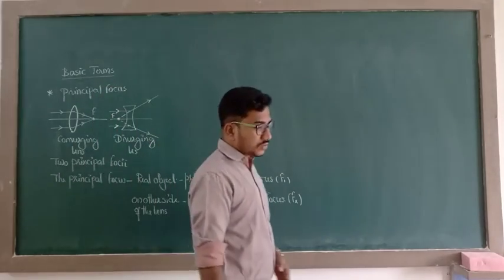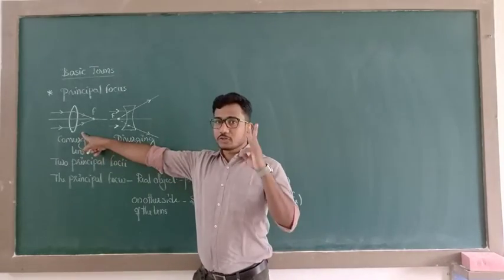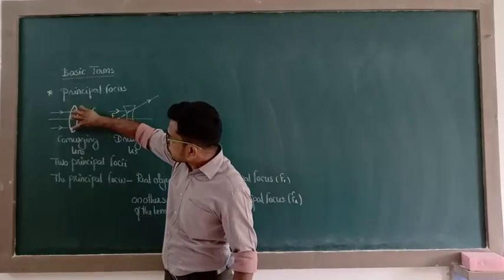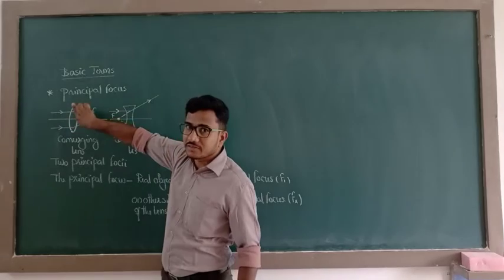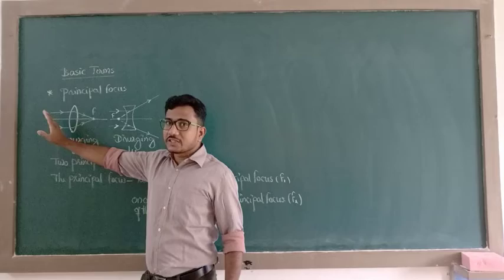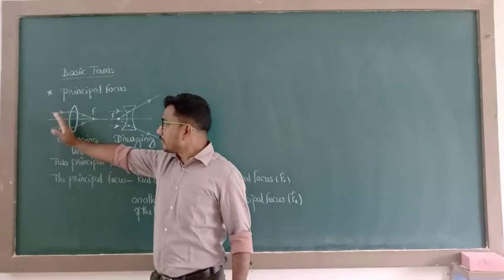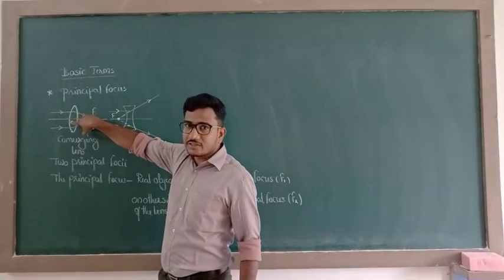And two radii of curvature, because it is bounded by two spherical surfaces. Just imagine yourself, by proceeding this first spherical surface. First means the surface at which the light beam strikes first.